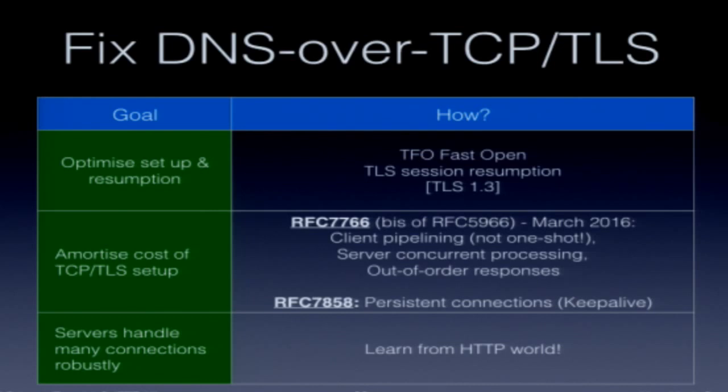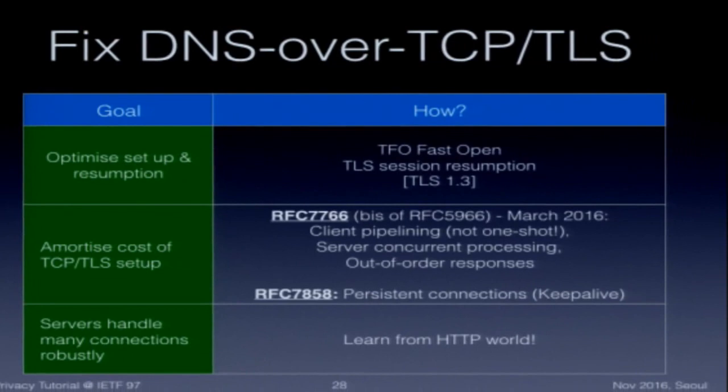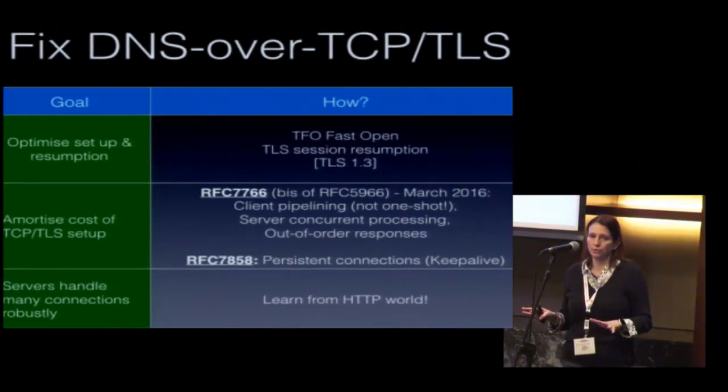So, for example, when DNS clients and servers are setting up connections, you need to make sure that they're using techniques like fast open, session resumption, and you want to have a really close eye on TLS 1.3 because that's going to do good things in terms of reducing latency for setting up these connections. When you set the connections up, you want to stop this behavior of one-shot TCP.